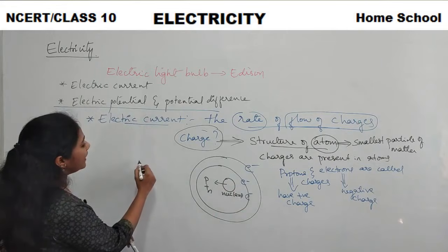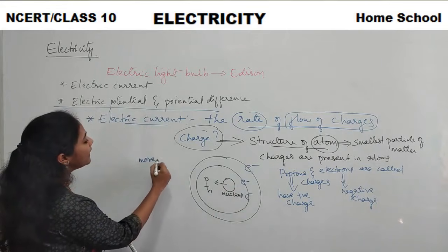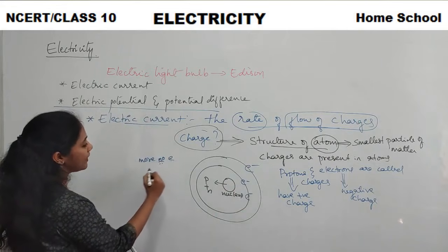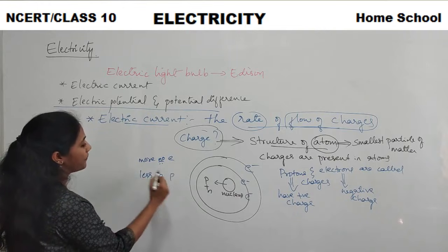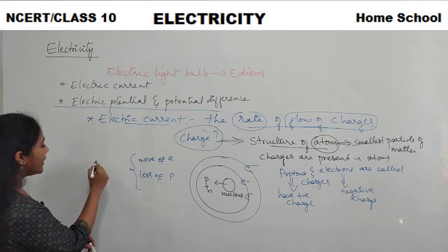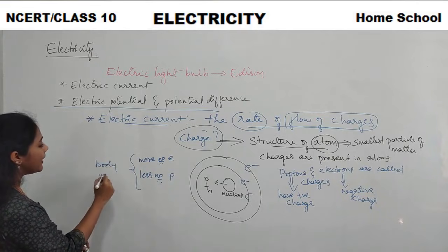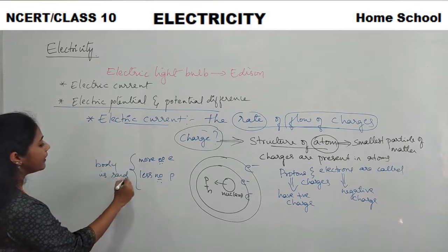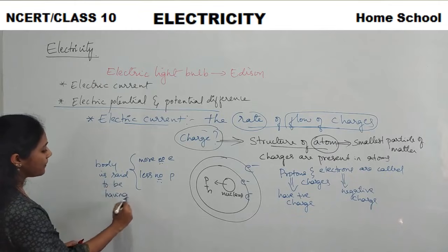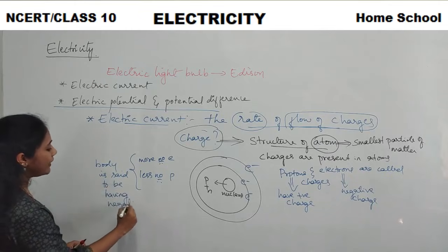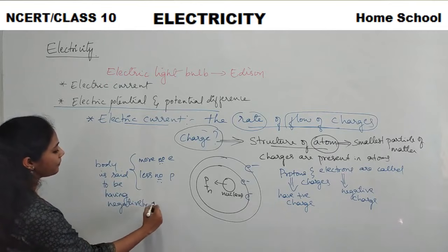Say in any body, I will take initially an atom. If a particular atom has more electrons and fewer protons, then that body is said to be negatively charged.